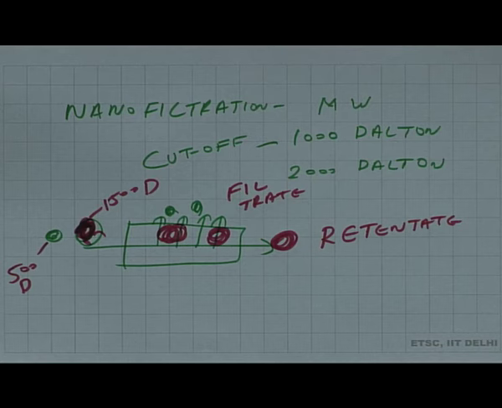It means it is the same as ultrafiltration, where a bigger molecule is stopped while a smaller molecule goes through, okay, except the size of the pore has become even smaller. So, here instead of defining the size of the pore by nanometers or micrometers or in a unit of length, we are defining the size of pores by the cutoff value of the protein's molecular weight. So, 1000 Dalton, 2000 Dalton, 50,000 Dalton and so on and so forth.